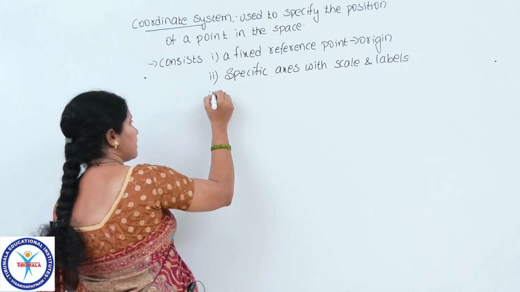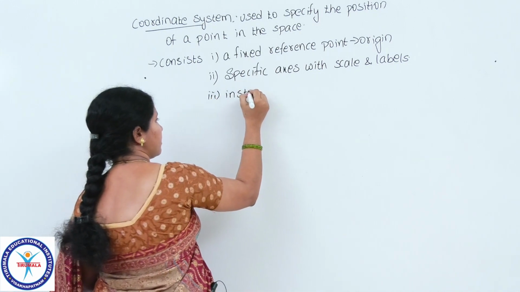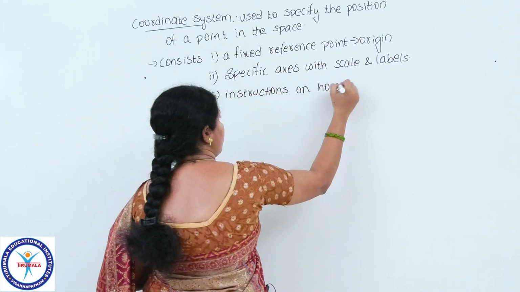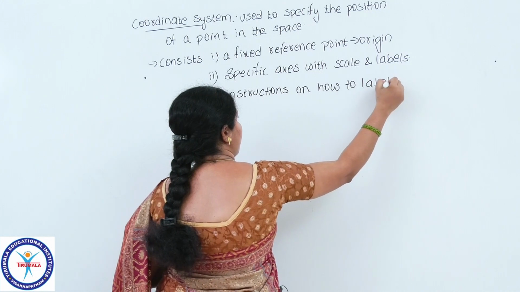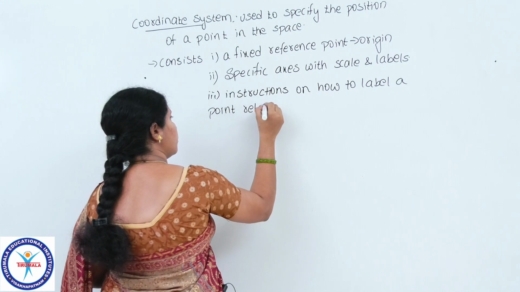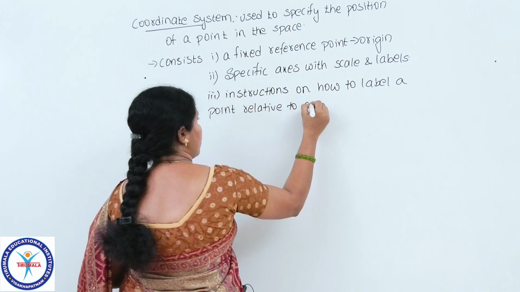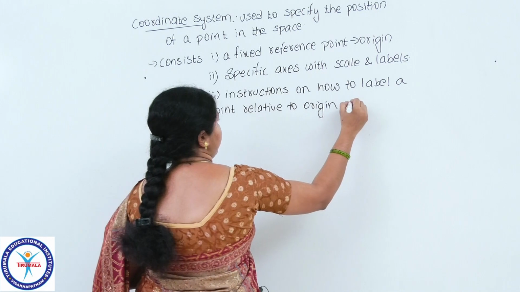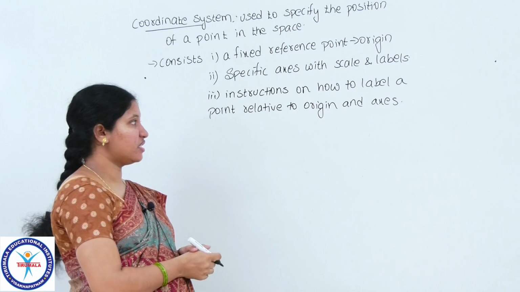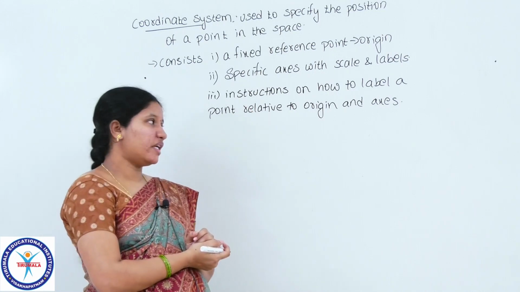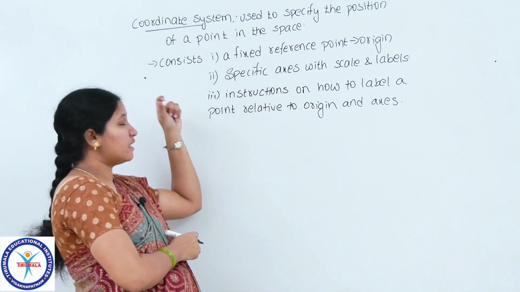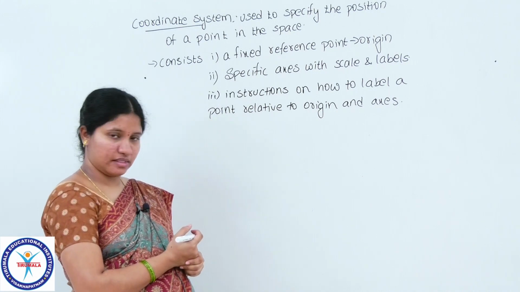And the third one is instructions on how to label a point relative to origin and axes. So these are the 3 points that the coordinate system consists of.